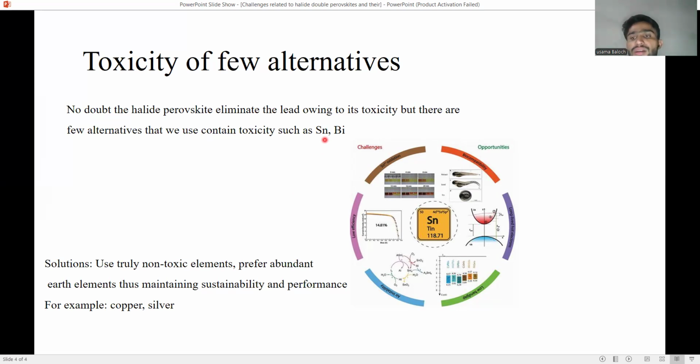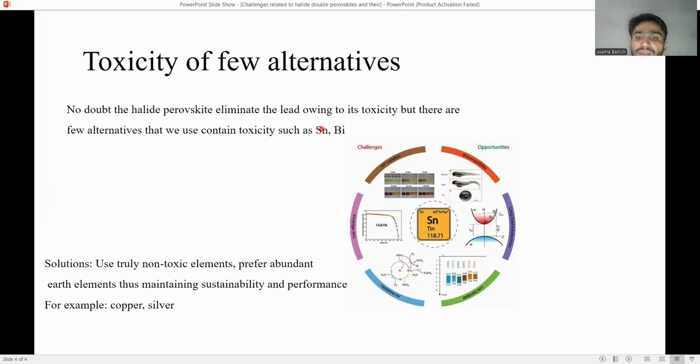It means the alternative that we used did not solve the issue we were aiming for. So we have to produce materials that are less toxic. Sn and Bi are actually toxic, and Sn is a material that can be oxidized so easily.